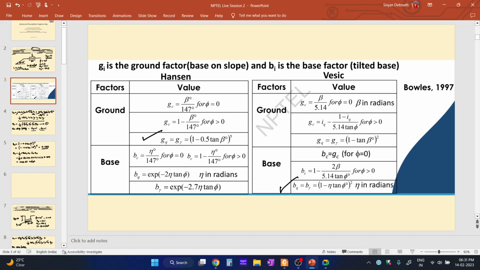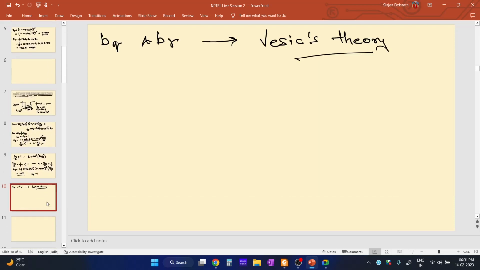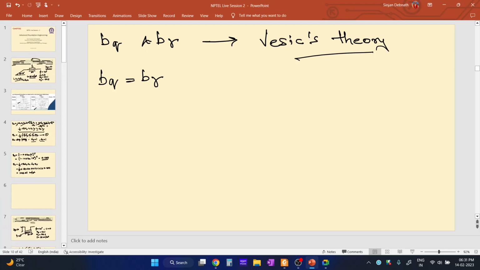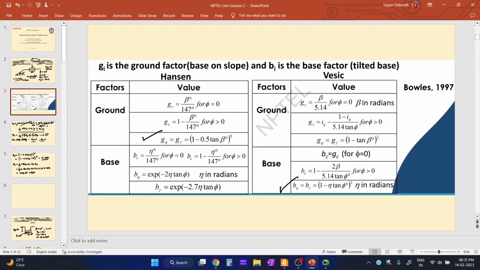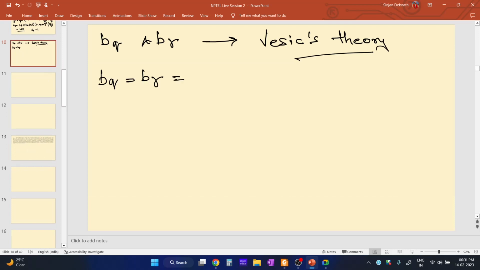Phi is in degrees and eta is obviously in radians.